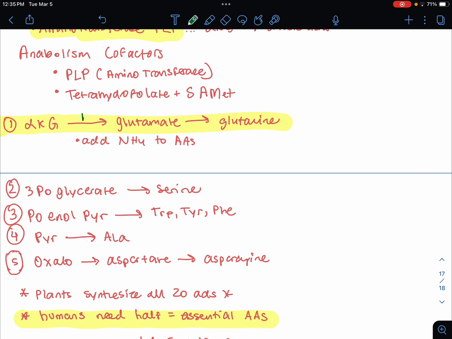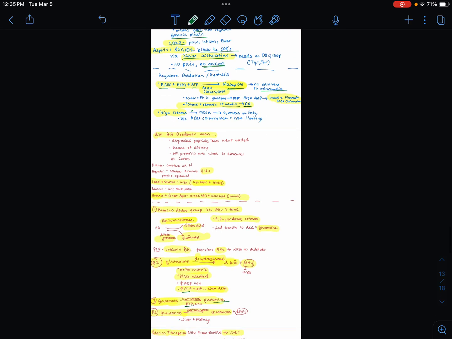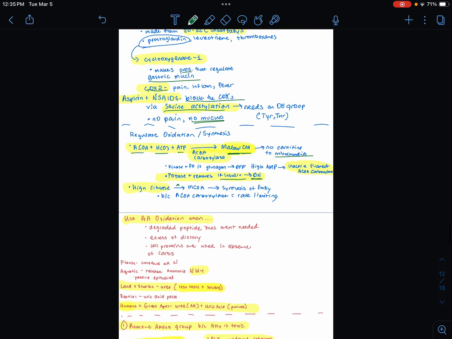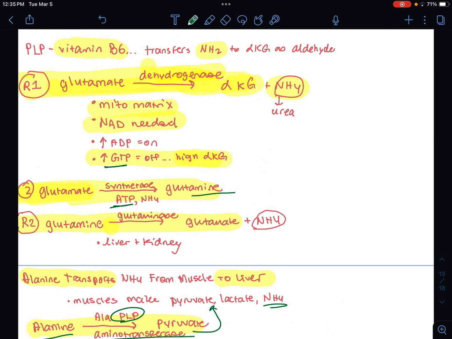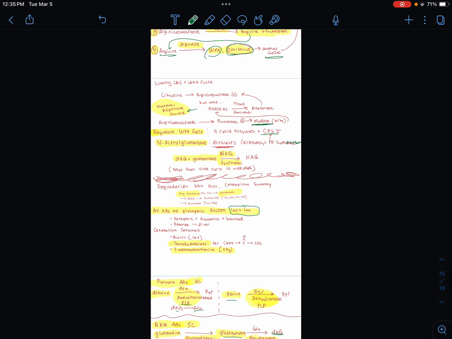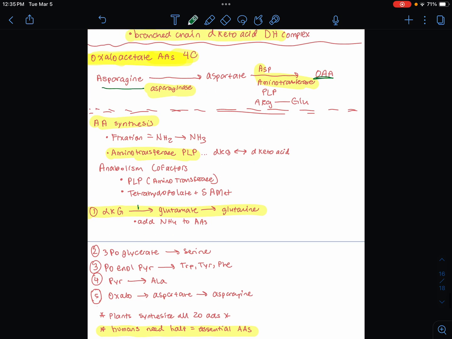To go from glutamate to glutamine, you'll need a glutamine synthetase. Let me go back and check. Yep, it's a synthetase, so you will need ATP.